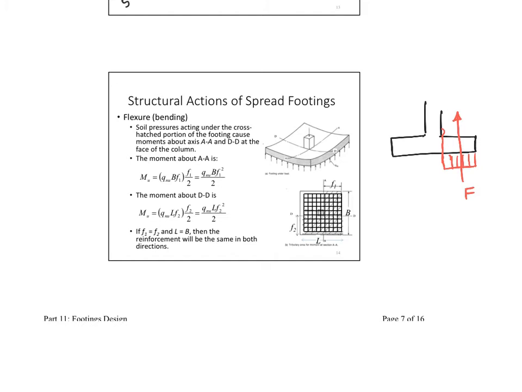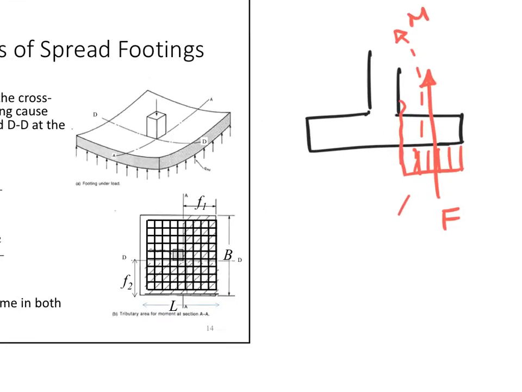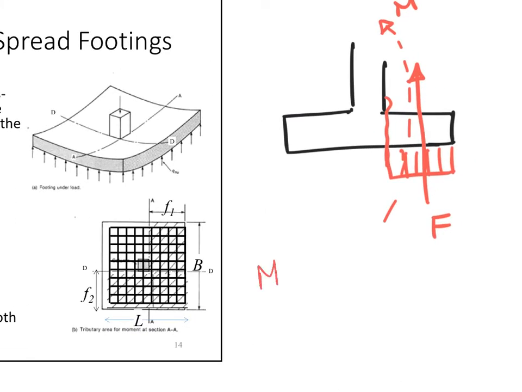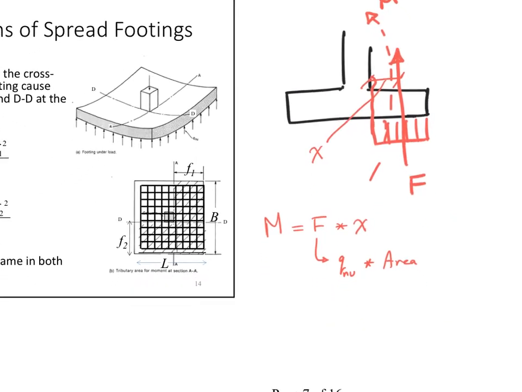It causes a moment that looks like this. So this moment will be equal to F times this distance, I call it X, times X. How do I get F? F equals the net stress underneath, ultimate, so I call it net ultimate, times the area. Which area are we talking about?